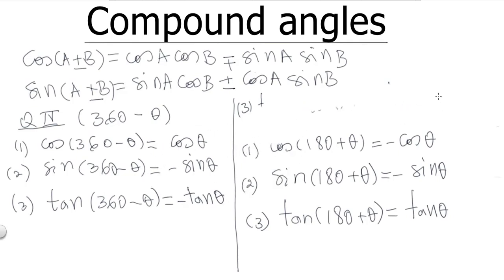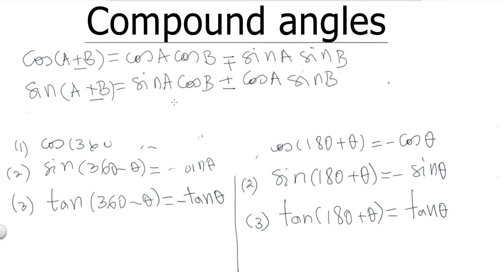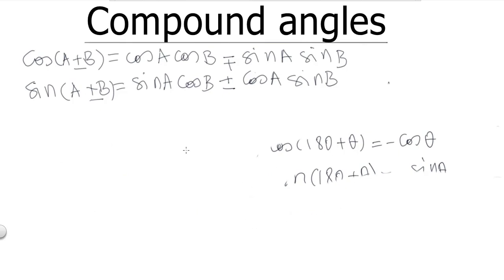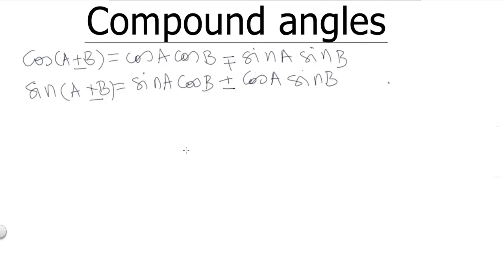All right. So this is how you work with the quadrant. Now, we have what we call the cofactor. 90 degrees minus or 90 degrees plus, we call it a cofactor. I want to give you an example of why we call it a cofactor. If you have cos of 60 degrees, it is equal to 1 over 2.